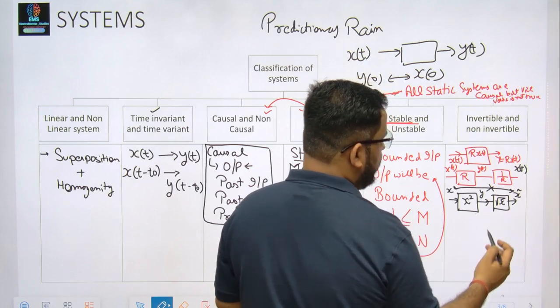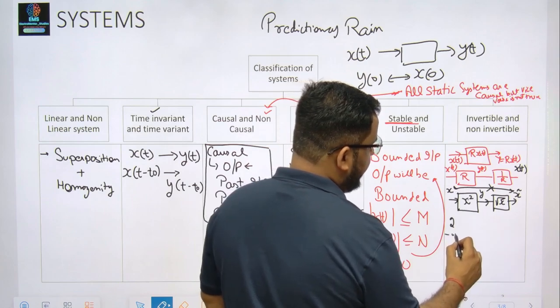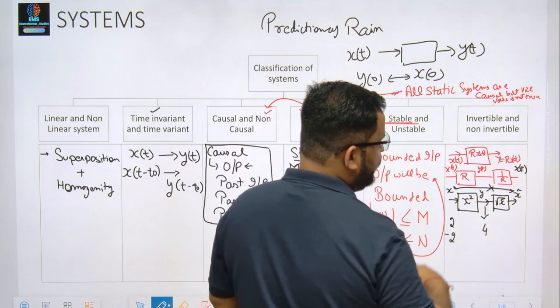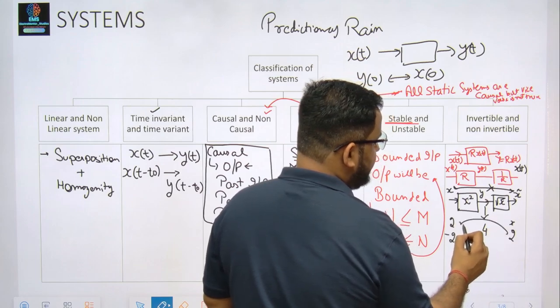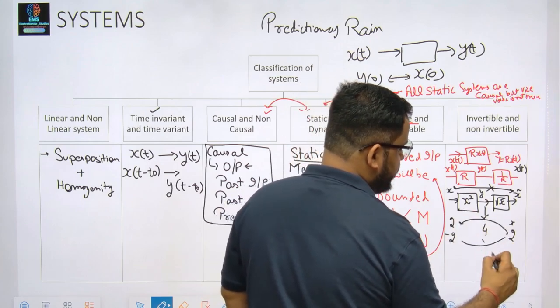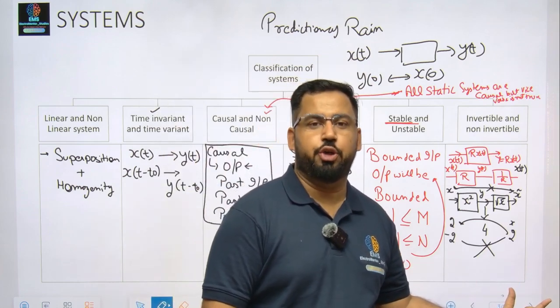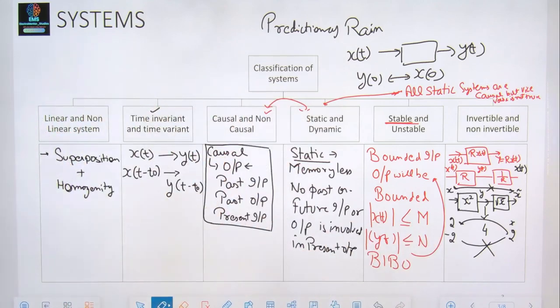So these systems are non-invertible. For example, if I take x as 2 and if I take x as minus 2, y in both the cases will be 4. x in both the cases will be 2. So at times it is equal to 2, but it is not equal to minus 2. So this system is non-invertible.